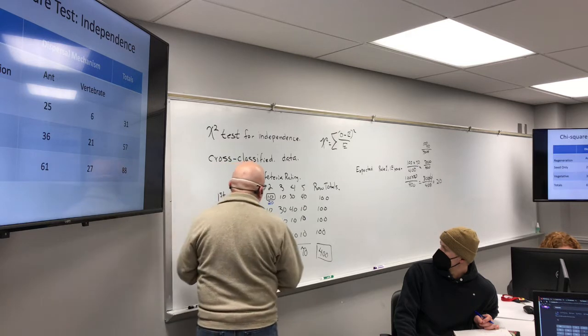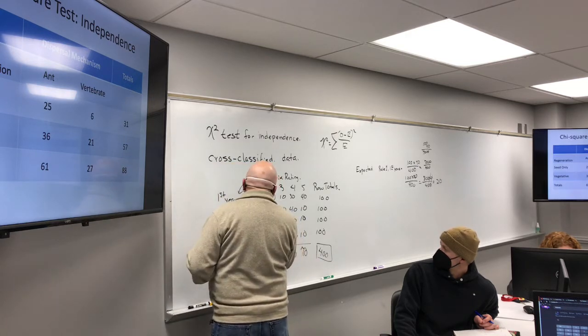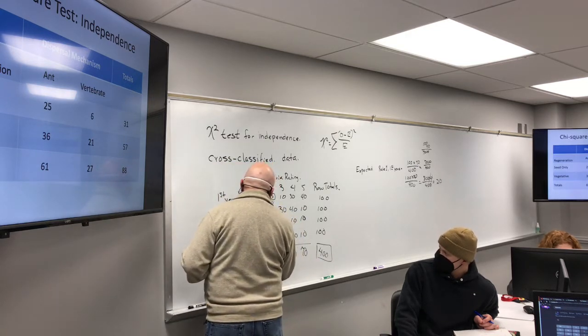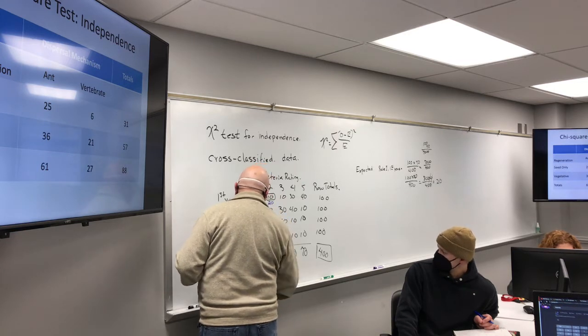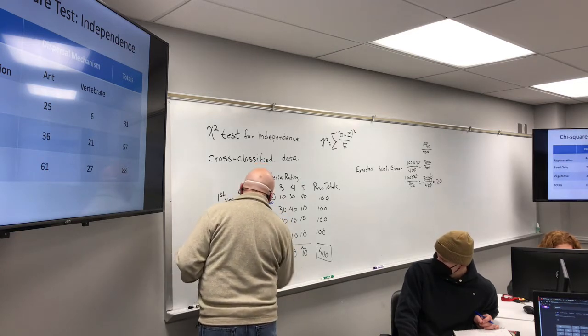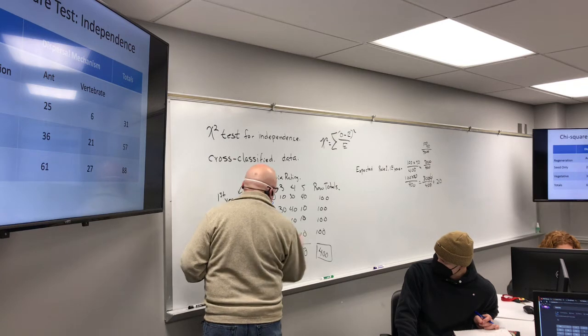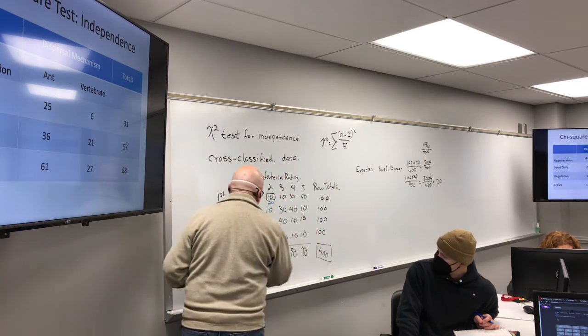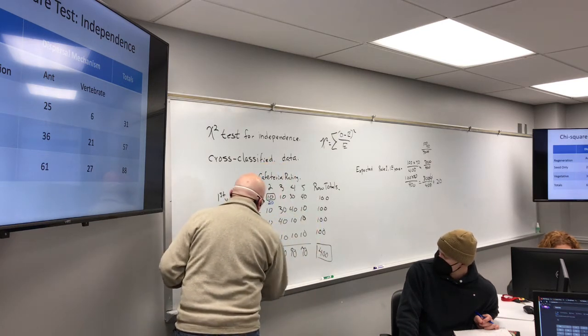Because of the peculiarities of this table, because all of these are 100, these would all have the same expected values.